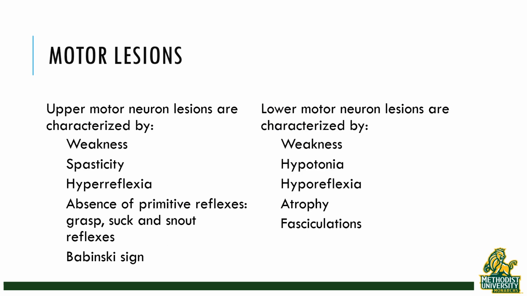We've talked before about the difference between lesions in upper motor neurons and lower motor neurons. Upper motor neurons are the neurons that generate the signals in the brain. Lower motor neurons involve injuries at the level of the motor neuron that actually is sending the axon out to the muscle.